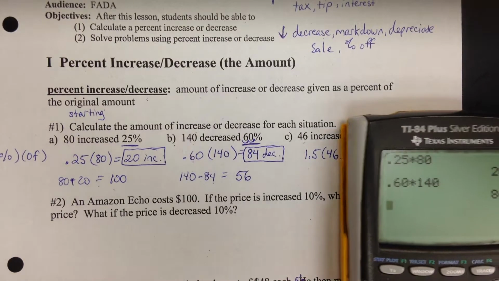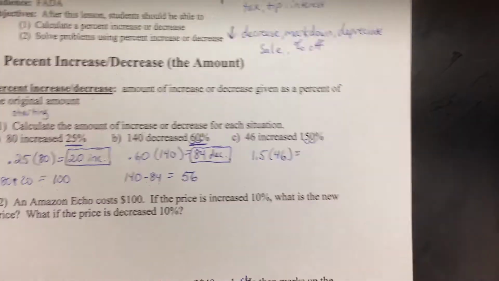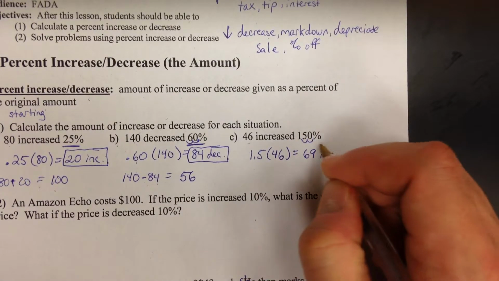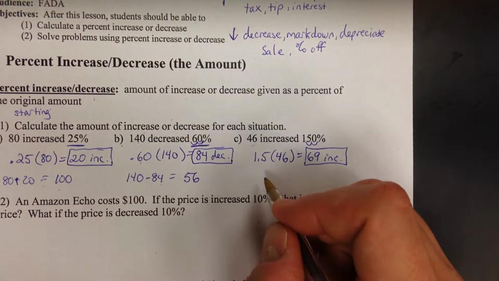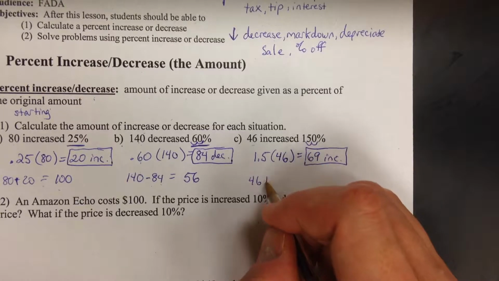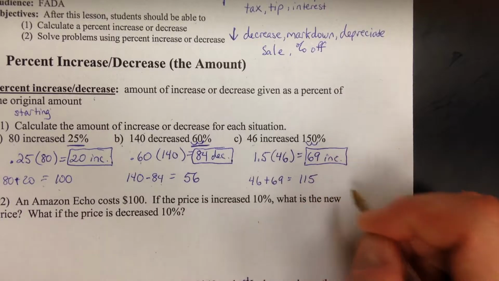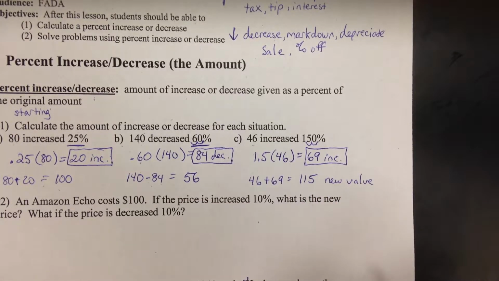And let's see here. 69. The 69 is going to be the amount of increase. 69 increase, INC. Now again, if the value was 46 to start with, if we increase 150%, we're adding 69, and so the new value would be 115.